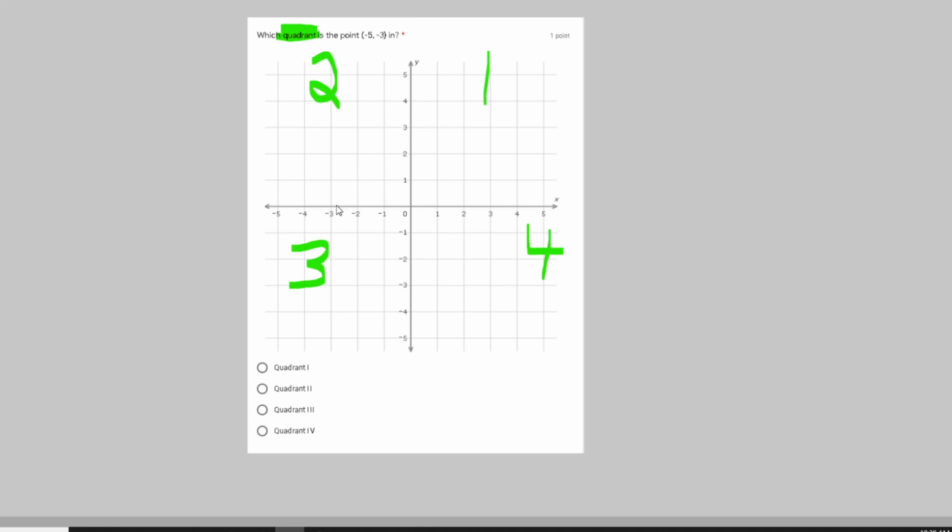Negative 5, negative 3: look for that along your x, it goes x and then y. That's going to be about right here, and we see that's in quadrant 3. 1, 2, 3. There you go.